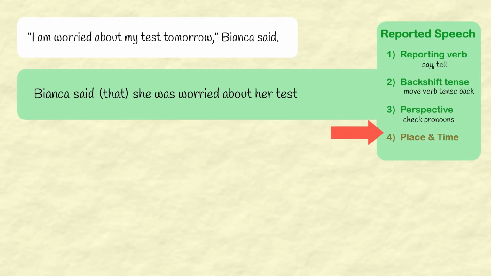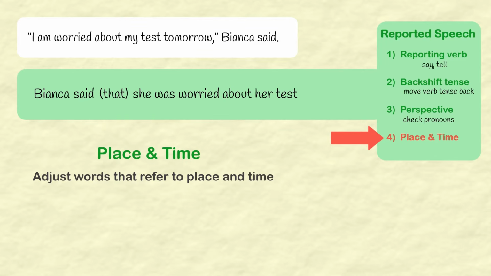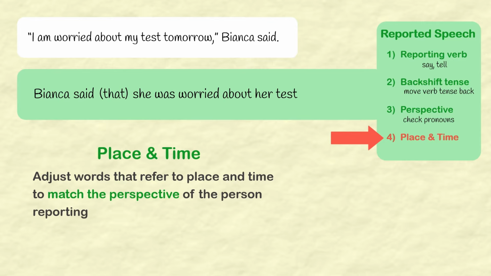The last step on our checklist is place and time. We'll need to adjust some words that refer to place and time to match the perspective of the person reporting. In our direct speech, there is no place mentioned, but there is time, tomorrow.